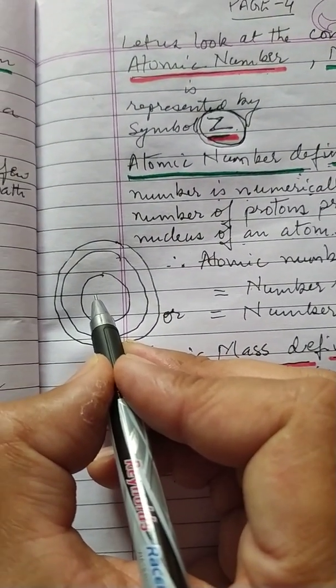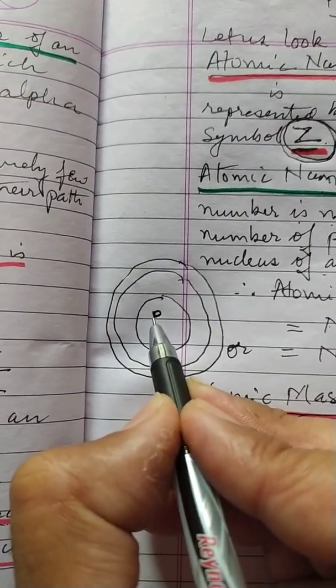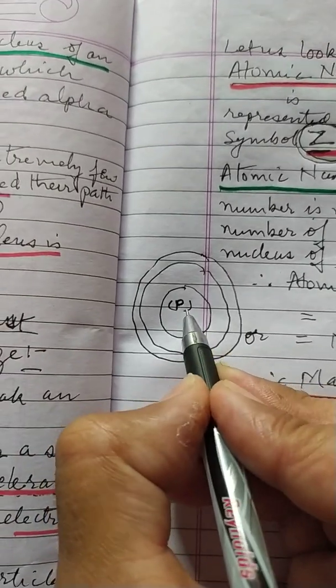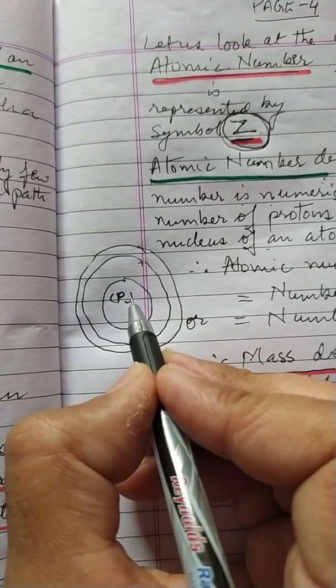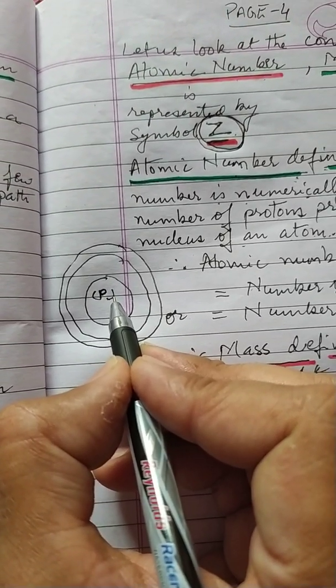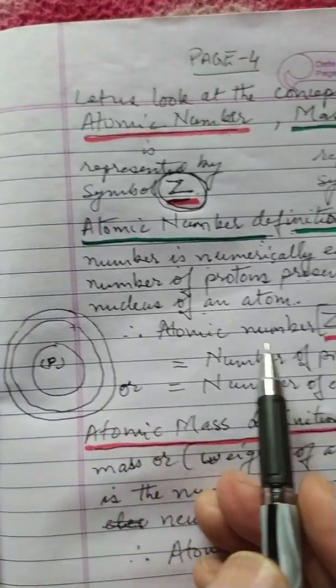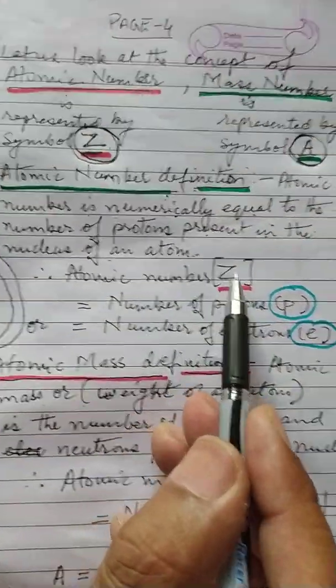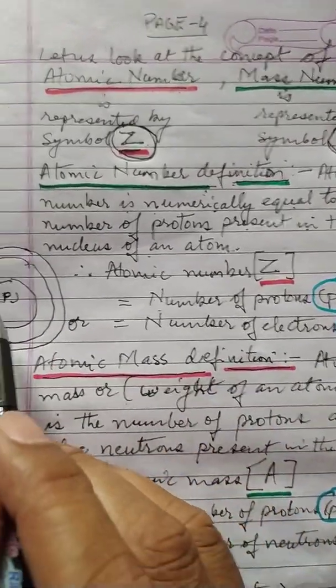So the protons, let me give the symbol small p to proton. The number of protons present in the nucleus of an atom is the atomic number. So atomic number Z is equal to the number of protons present in the nucleus.